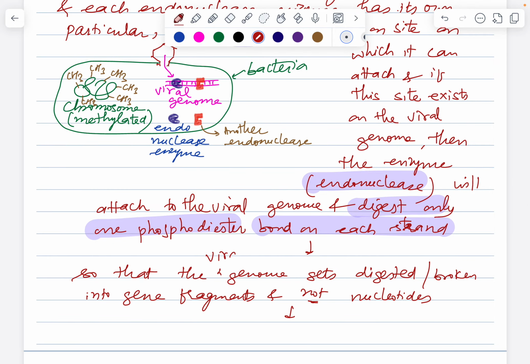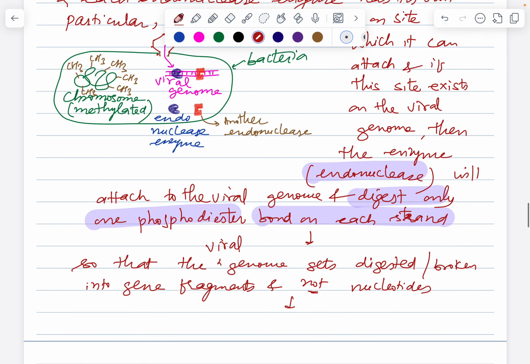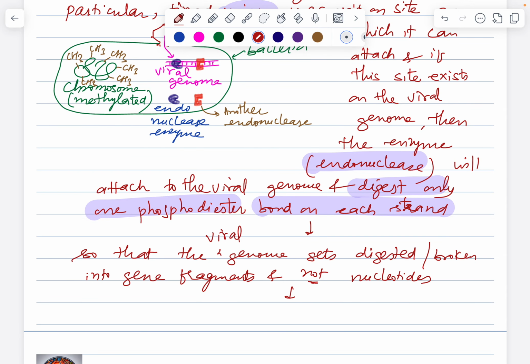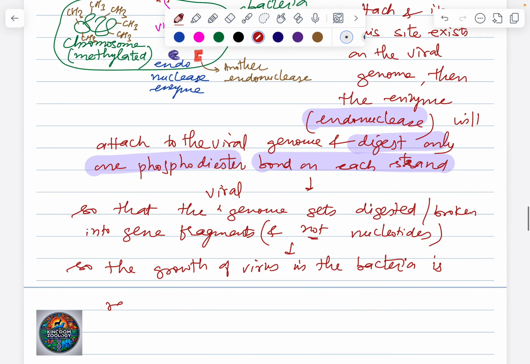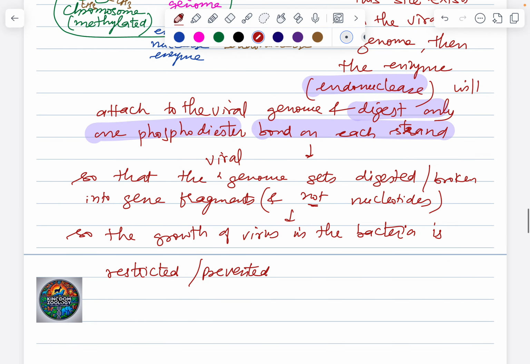Whose genome are we talking about here? The viral genome gets digested or broken into gene fragments, but not into nucleotides. So the growth of the virus in the bacteria is restricted or prevented.